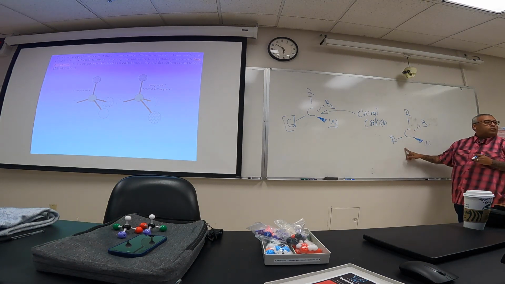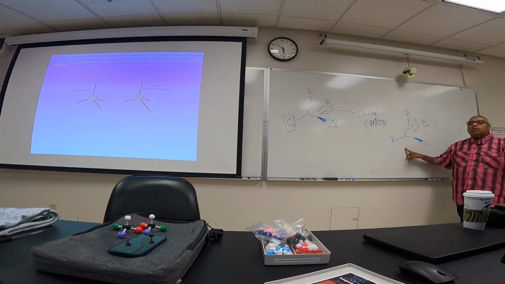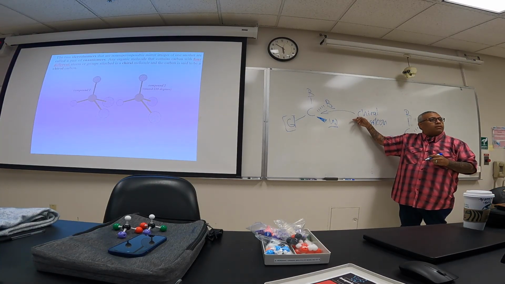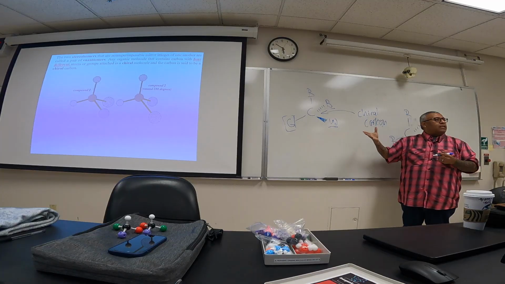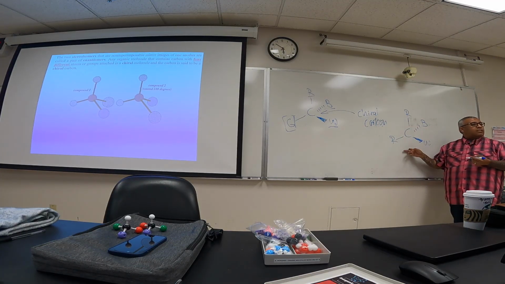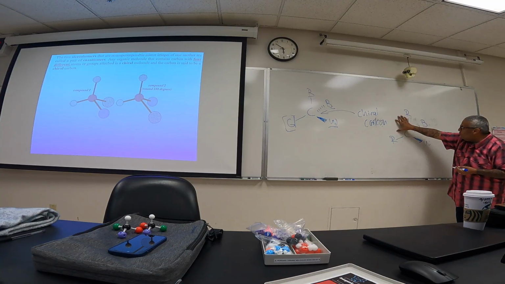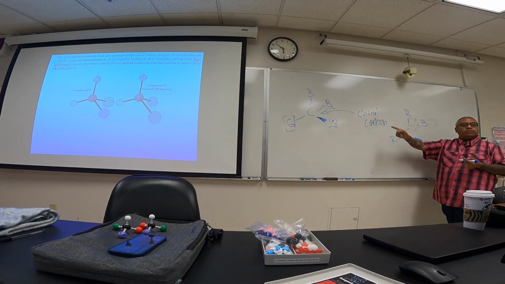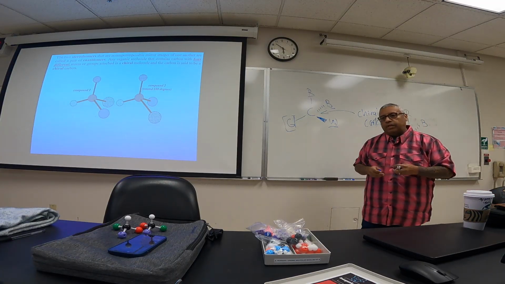Because 2 of these things are the same, and the rule for chirality, or the rule for having a chiral carbon, is it needs to have 4 different things. And we can see that it does have 4 things attached to it, but only 3 of them are different, right? We have 2 of these, 1 of these, 1 of these, and we only have 3 different things versus something that has 4 different things.